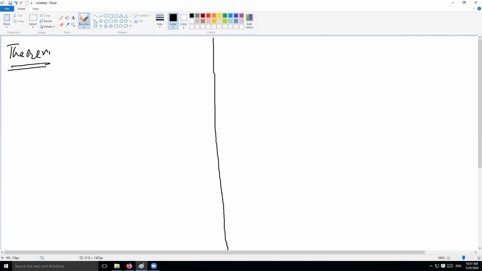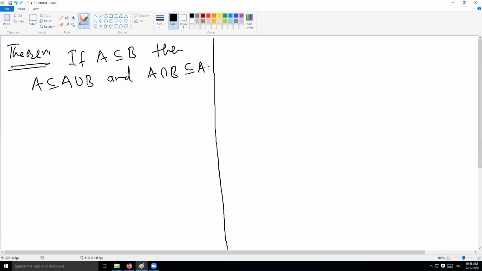So the theorem goes like this. If A is a subset of B, then A is a subset of A union B, and A intersection B is a subset of A. That's the statement actually.